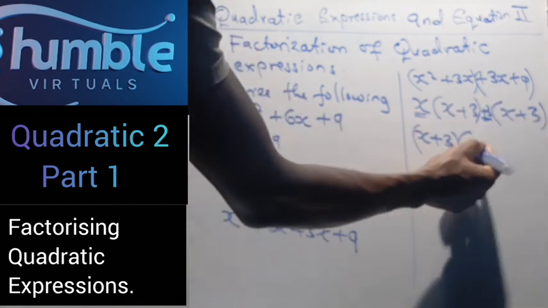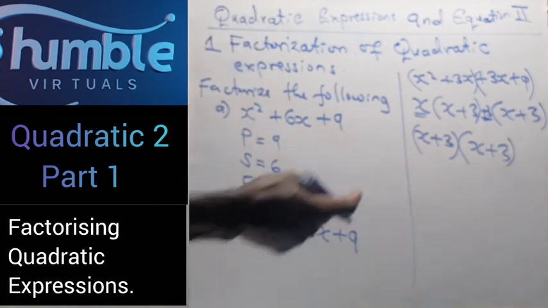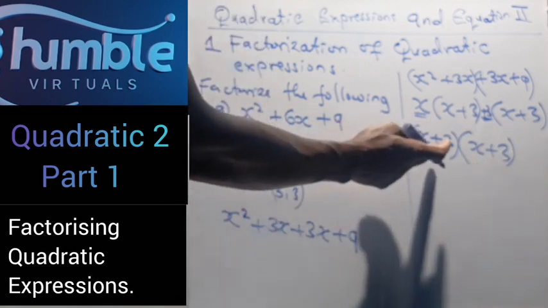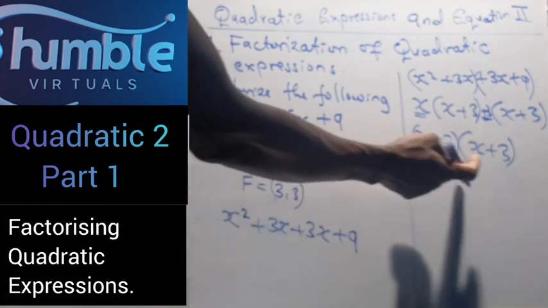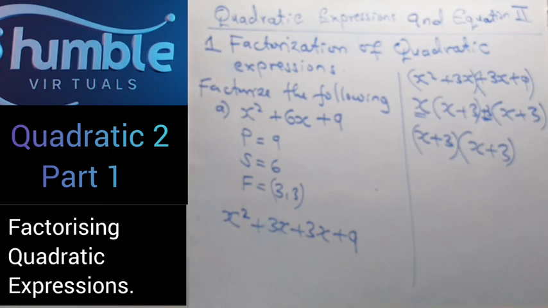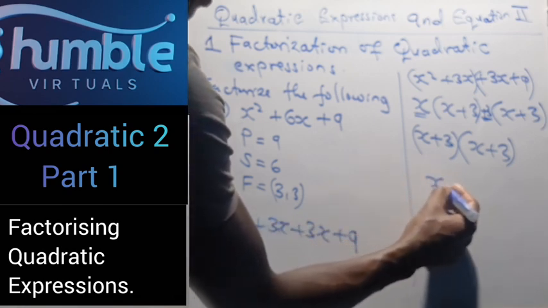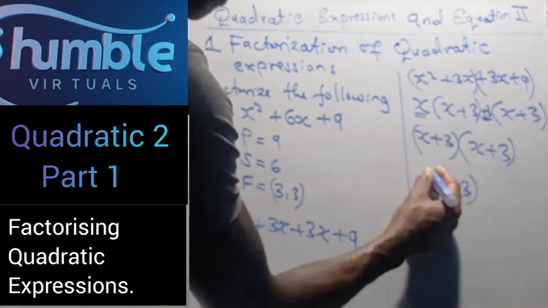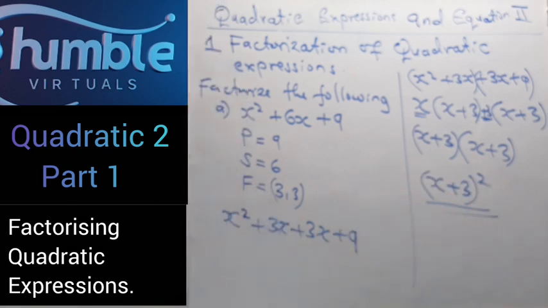They are now similar, x plus 3. You can see that this bracket and this bracket are similar. That is same as multiplying the number by itself. And therefore this one is same as x plus 3 squared. And that becomes the correct working.